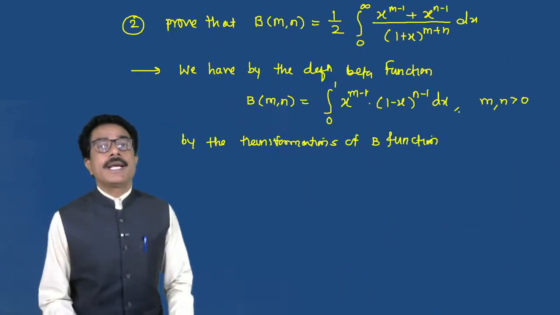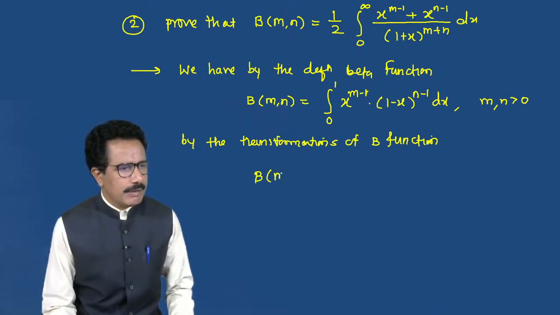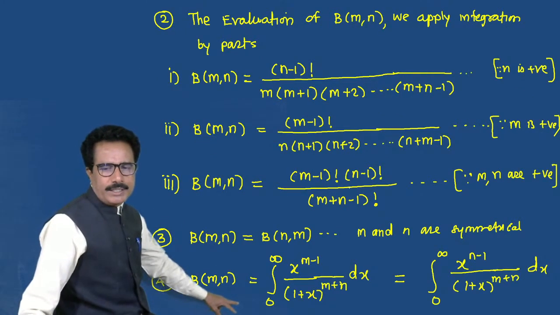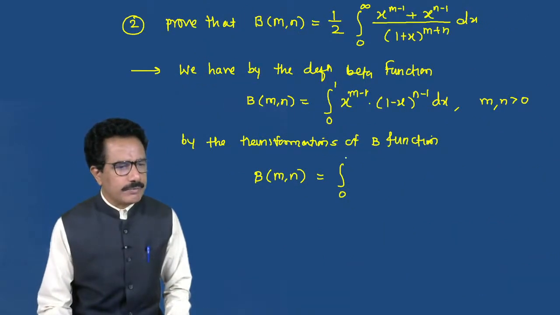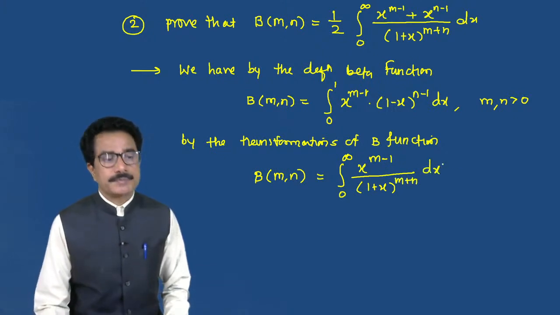So beta of m comma n is equal to the integral from 0 to infinity of x raised to m minus 1 divided by 1 plus x raised to m plus n dx.